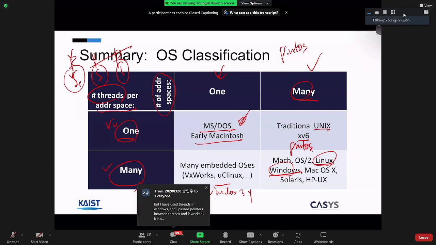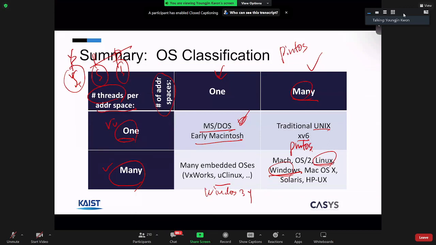I have threads in Windows and I pass pointers between threads. It works. Is it different from this? No. In Windows, you use threads. So in Windows, in one address space, thread 1 and thread 2 are executed, like Linux. So you can pass pointers because they run in the same address space. Do Windows threads have different virtual memory each?